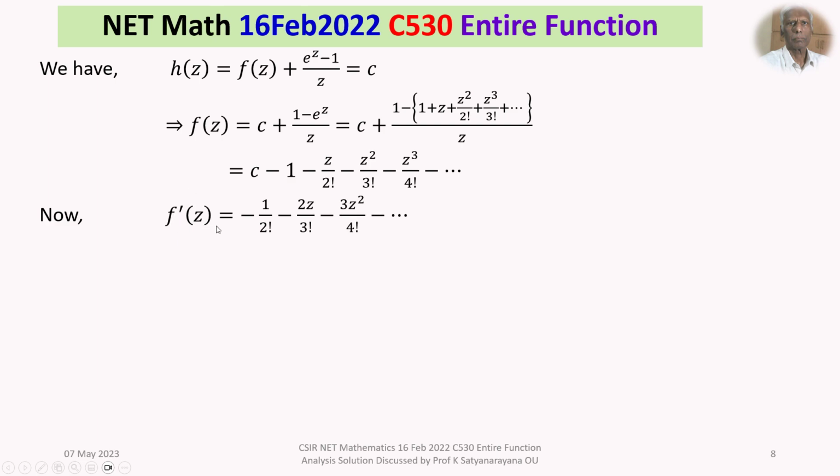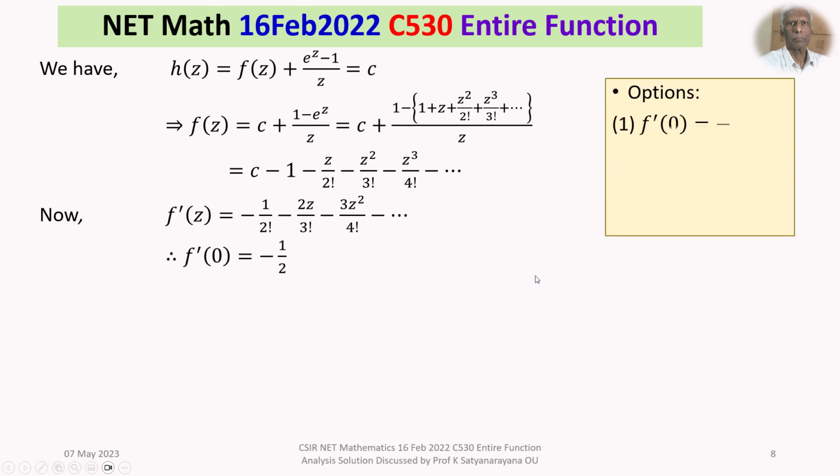Now differentiate f of z once. f prime z will be minus 1 by 2 factorial, since C minus 1 is a constant, minus 2z by 3 factorial, minus 3z square by 4 factorial, minus so on and so forth. Put z equal to 0. F prime 0 is equal to minus 1 by 2, and the remaining terms all have z, so when z is 0 they vanish.